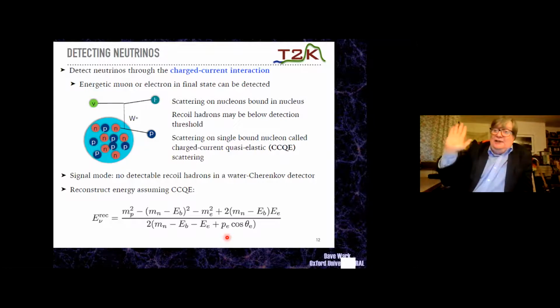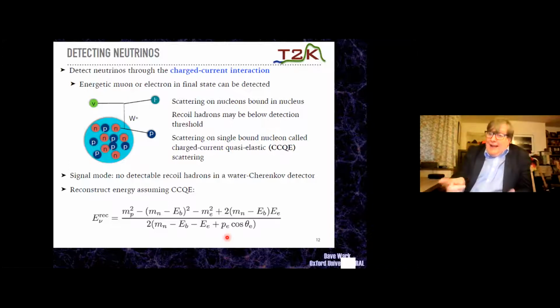And it has nothing to do with CP violation. It's just the fact that even though we have an antimatter beam, we still have a matter target. So we have to correct that factor of 6 to a few percent to look for the CP violation. And so we're sensitive to things like this. So we spend a lot of time these days studying such effects, and it means we need even better near detectors in the future.